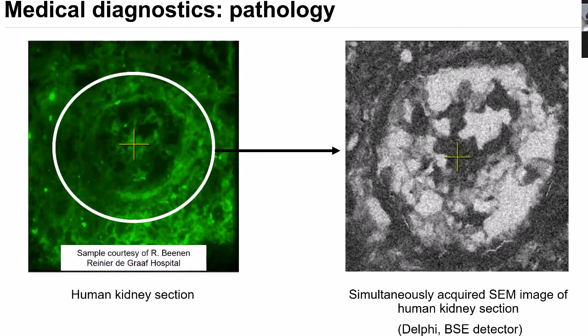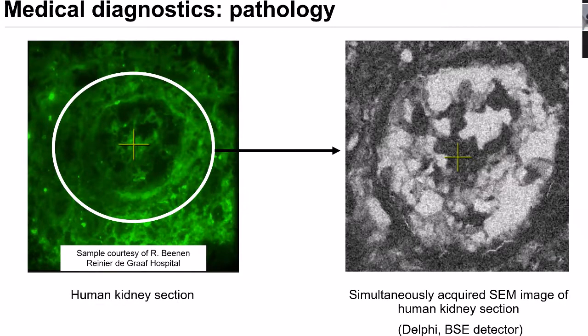So the SEM image on the right was acquired simultaneously with the fluorescence image on the left. And from the electron contrast, it's possible to see the structural information that is necessary to understand the functional information that you see on the left. So if there are particles or features of interest present in this region, they can be visualized at higher resolution in the SEM image using a backscatter detector on the DELPHI.